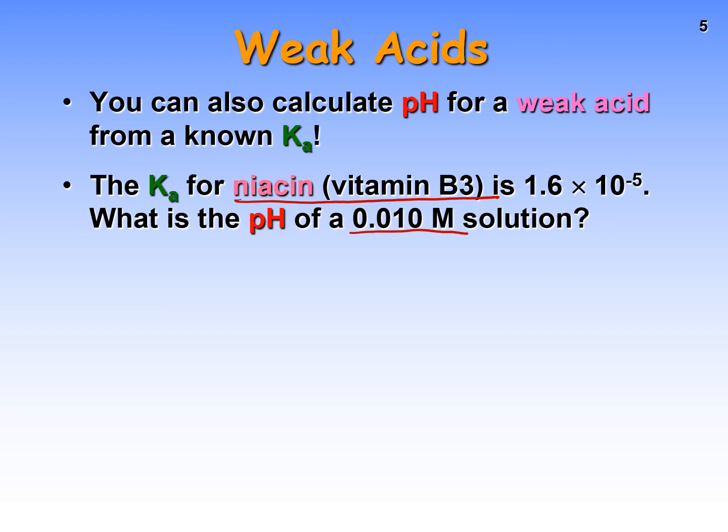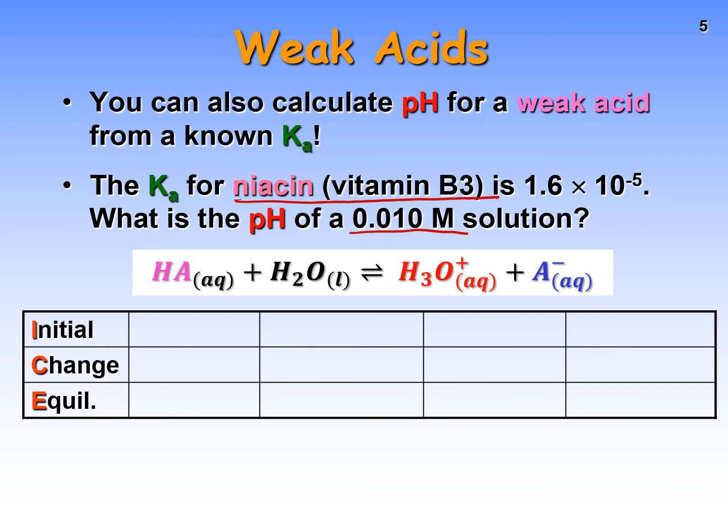Now, I don't know about you, but I have no idea what the formula of niacin is. I'd have to look it up. But instead of doing that, why bother? We know it's a weak acid, and so we can just write HA. And that's what I want you to do pretty much. If I give you an acid you just don't know the formula of, just write HA, it's fine.